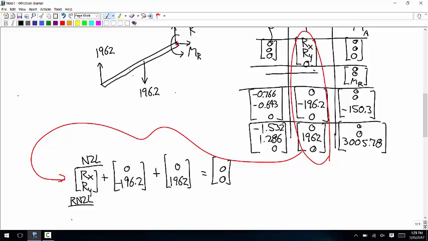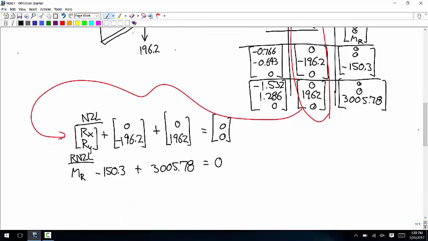So we have Mr minus 150.3 plus 3005.78 is equal to 0. Yes. It should be positive, shouldn't it?